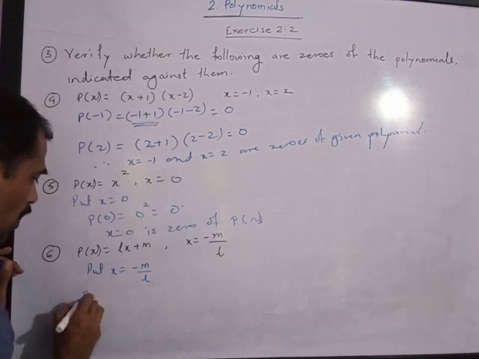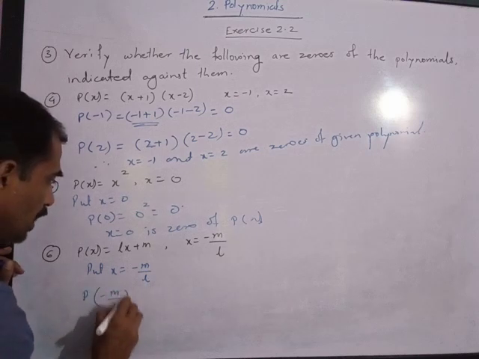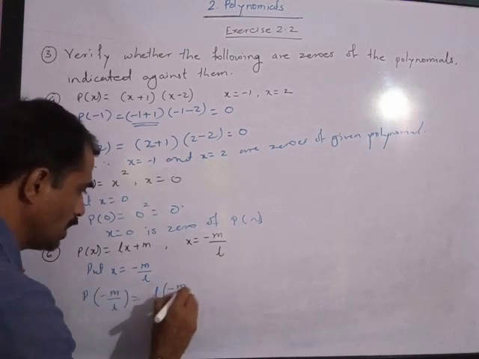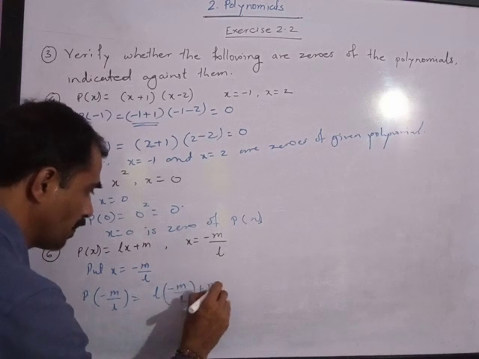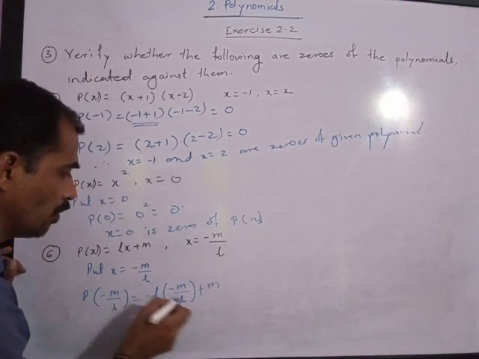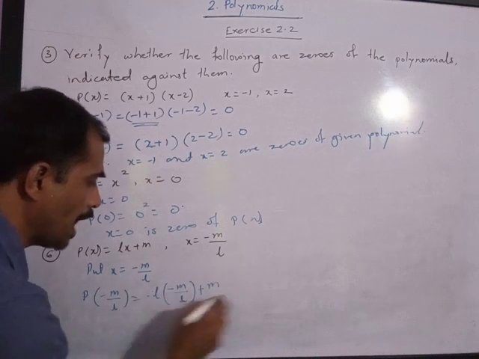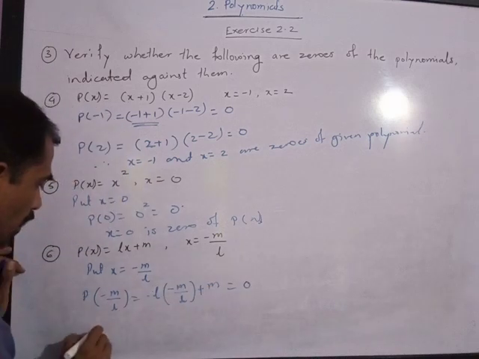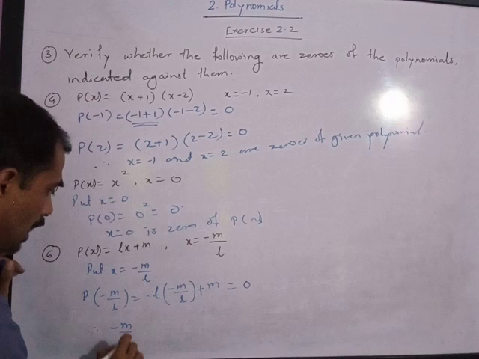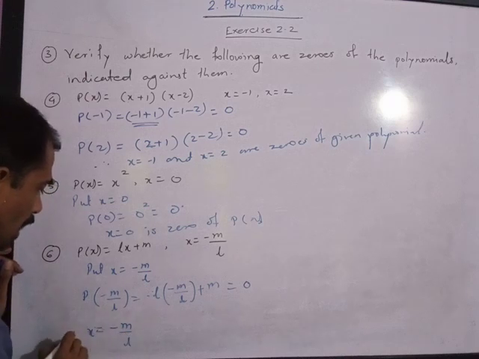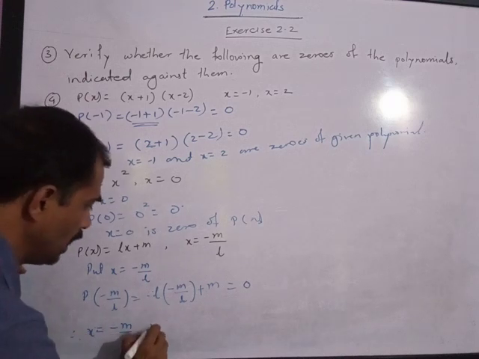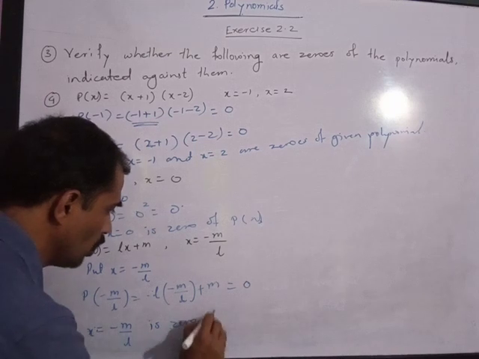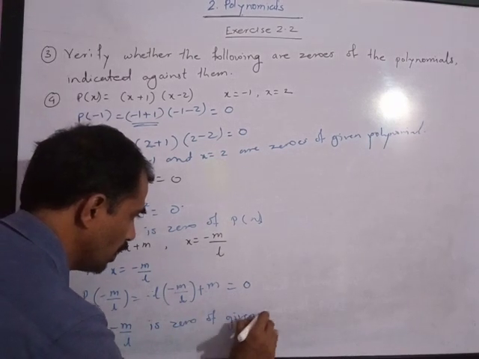We will get p of minus m upon l is equal to l multiplied by minus m upon l plus m. Here l is at the numerator and denominator, we will get minus m plus m, that is equal to 0. Therefore we can say that x equal to minus m upon l is a 0 of the given polynomial.